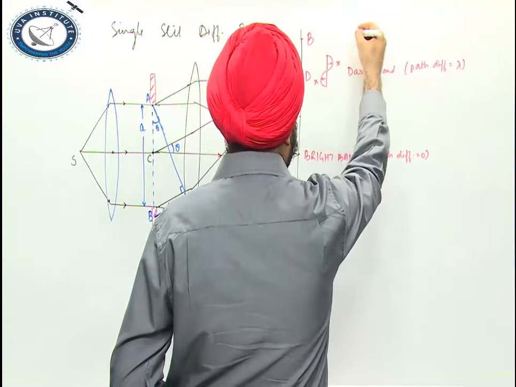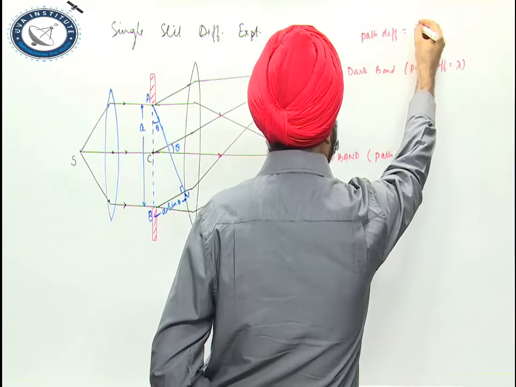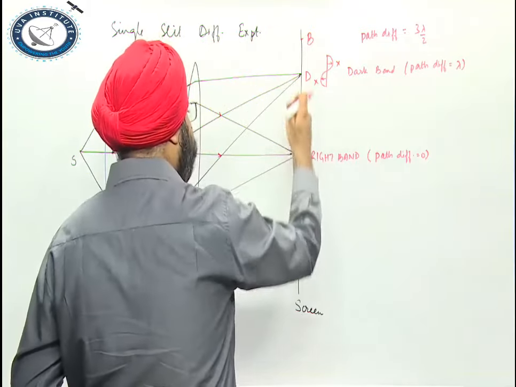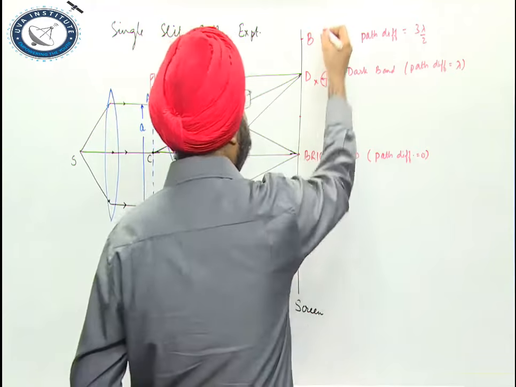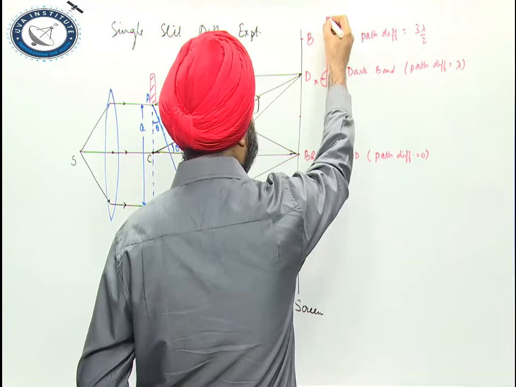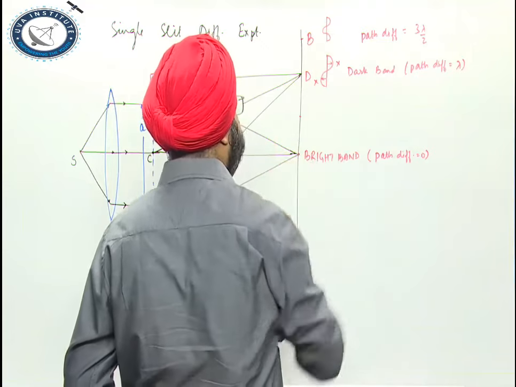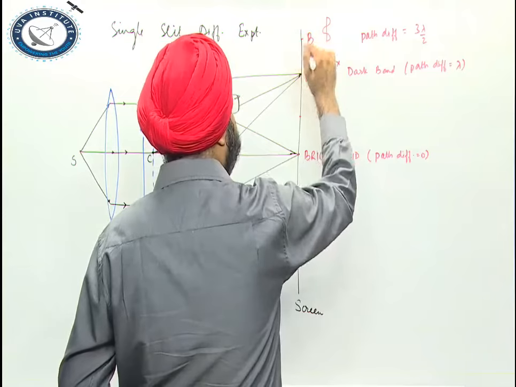Here your path difference is 3 lambda by 2, because as we are moving up away from the center of the screen, my path difference is increasing gradually. Now 3 lambda by 2 means 3 halves. You have 2 crests and let us say 1 trough.